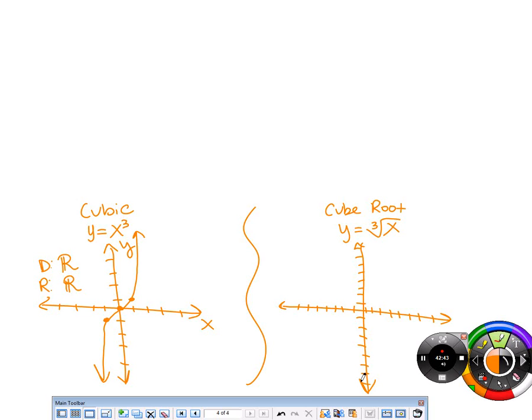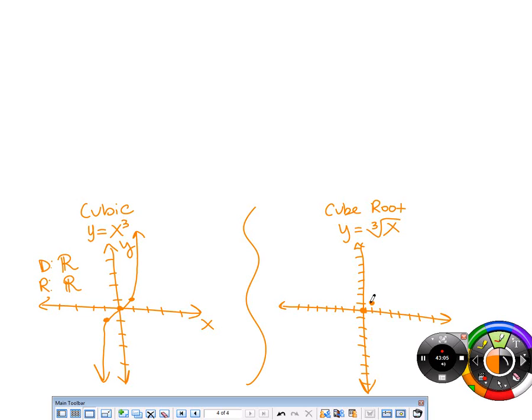So again, we'll plug in a couple points to see what this looks like. So when you plug in 0 and you take the cube root of that, what do you get? 0. So again, (0, 0) is your vertex point. I'm going to make that my first point right there. Okay, what about when you plug in 1? The cube root of 1 is still 1.